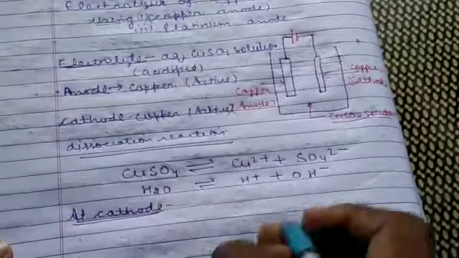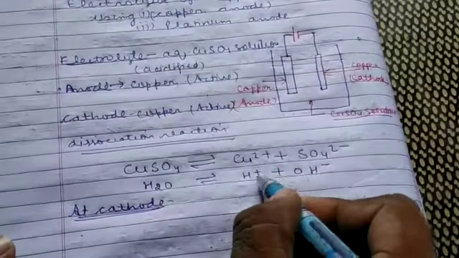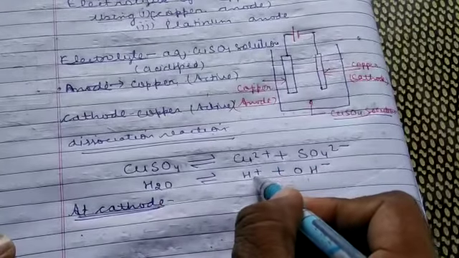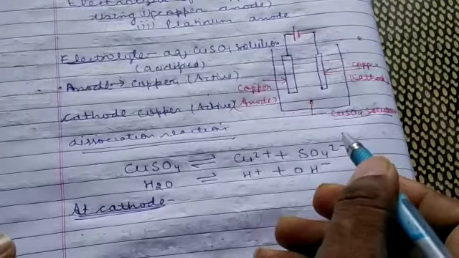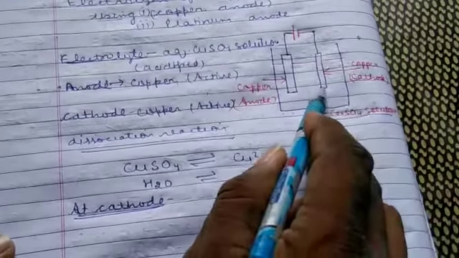What happens at cathode? At cathode, these two cations, copper ion and hydrogen ion, will migrate to the cathode. Cathode is negatively charged.